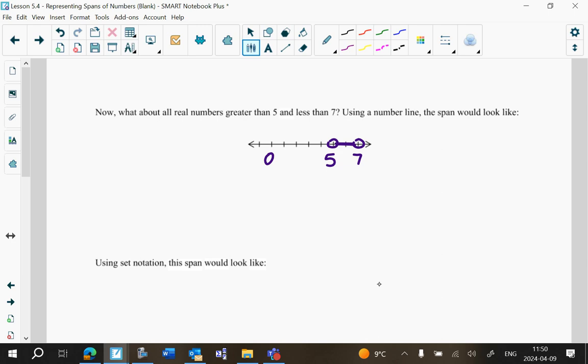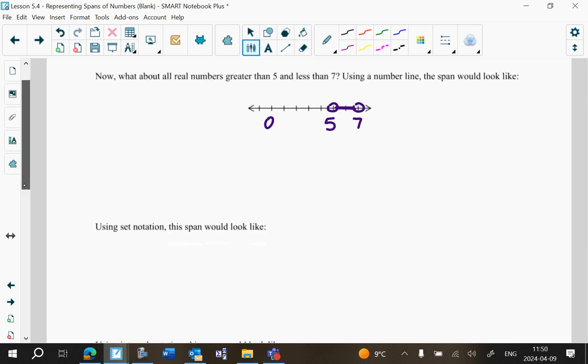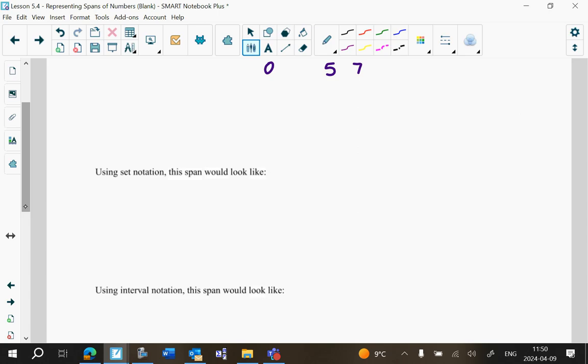Set notation, this is a little different. When you start and stop somewhere, if it doesn't go to infinity or negative infinity, you always have to use 2 inequality signs. And they always point that way. So what we're going to do is put the number that represents what we're allowing in the middle. We're going to put 2 less than signs on either side, because it's less than, not less than or equal to.